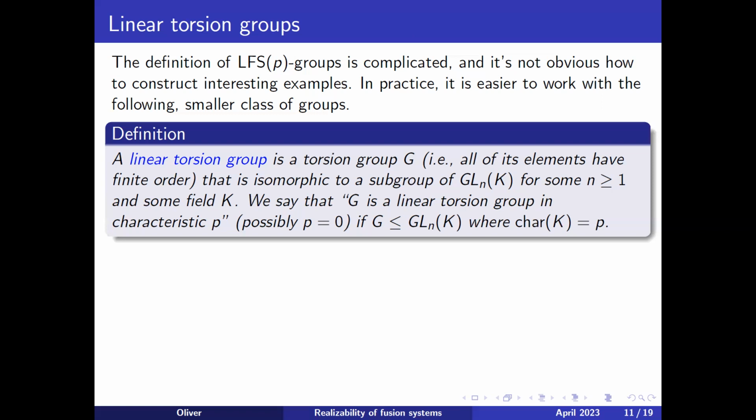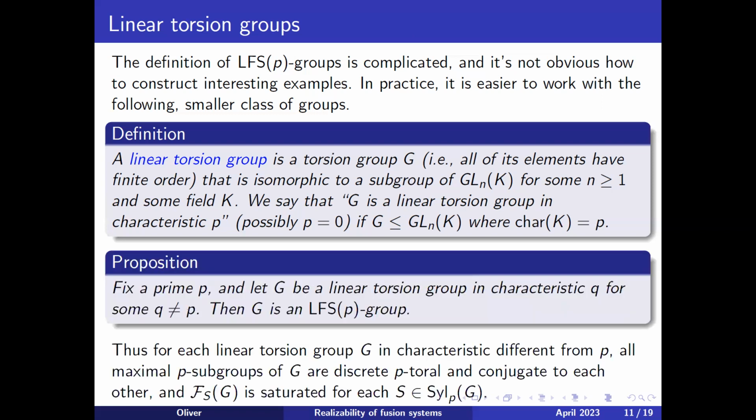And of course, every finite group is a linear torsion group in every characteristic. But it turns out that there are also lots of linear torsion groups that are linear only in one particular characteristic. For example, let me just note one example.